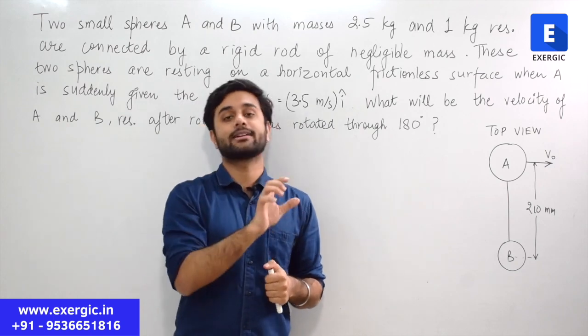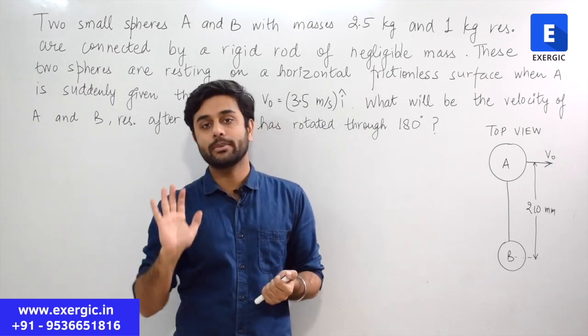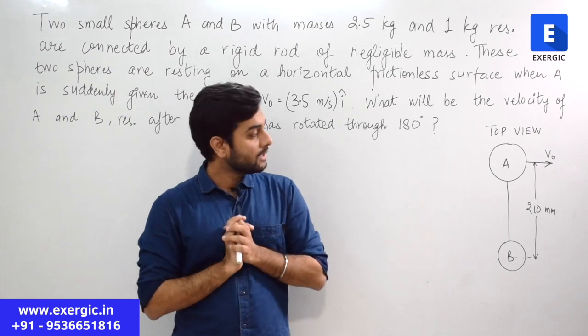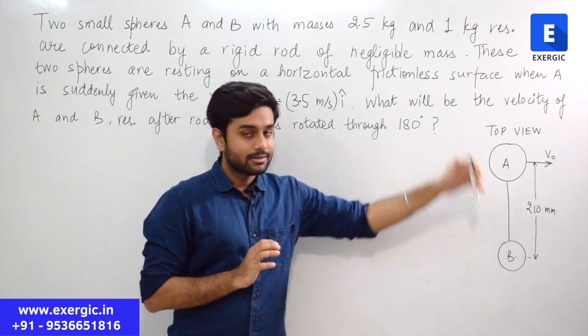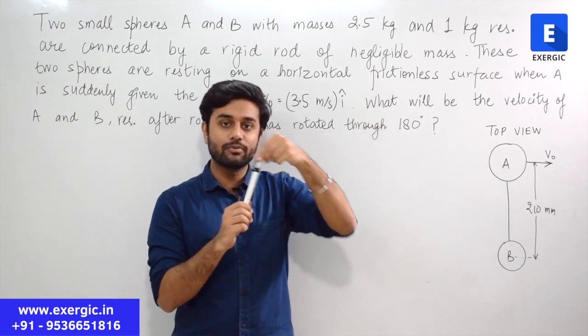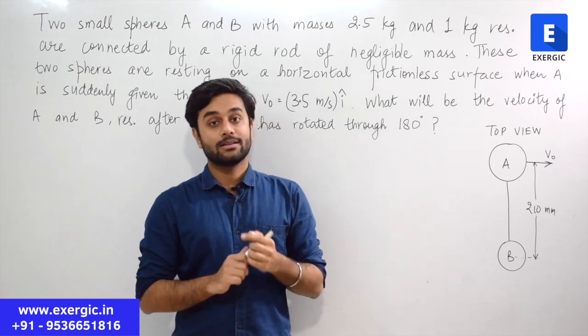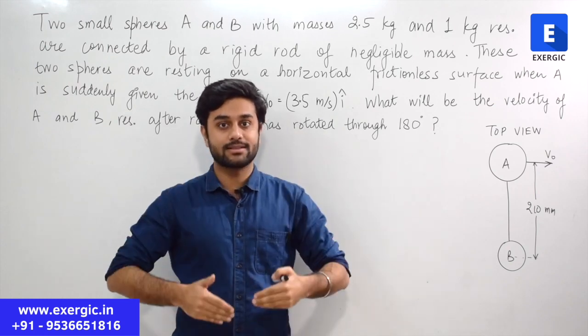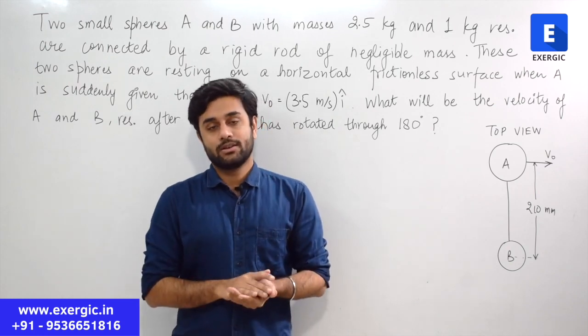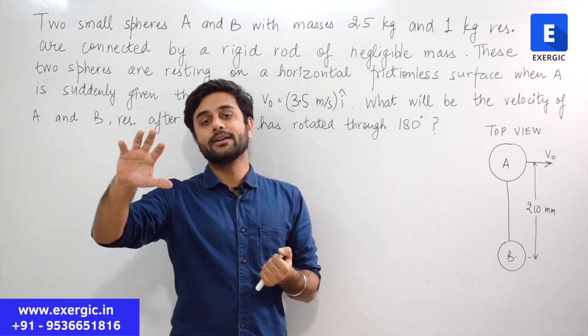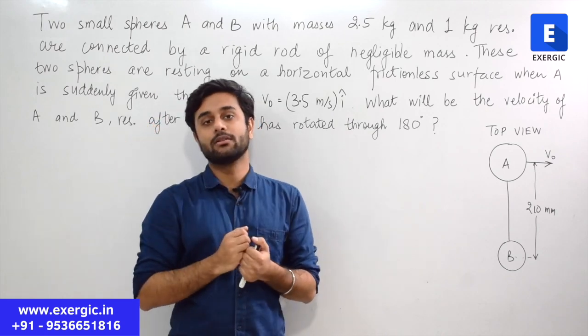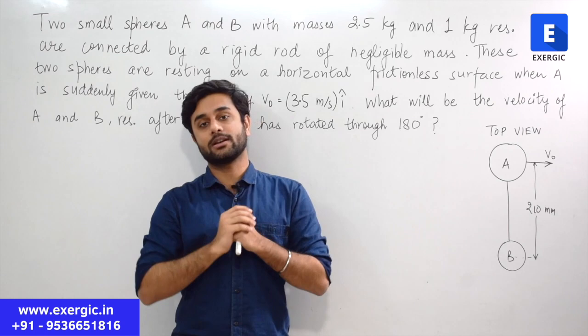Firstly, understand that, and solving the question is not a big deal. Look, this A and B are connected together. The movement of A will be transferred to B as well. There is no friction on the surface on which they are resting, so any effect of velocity will not be reduced by friction.